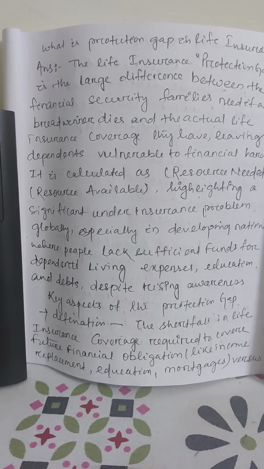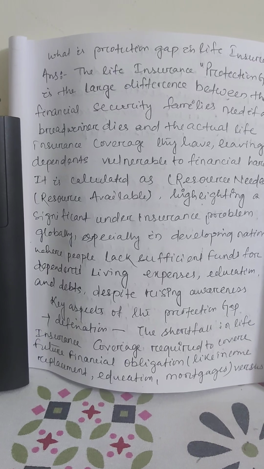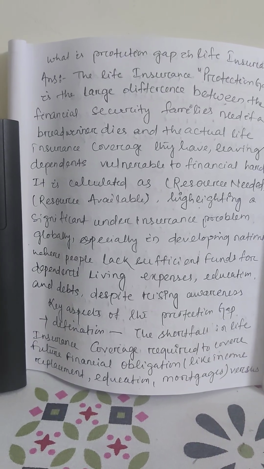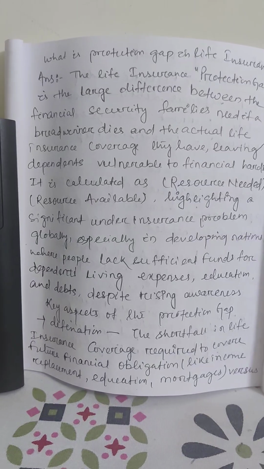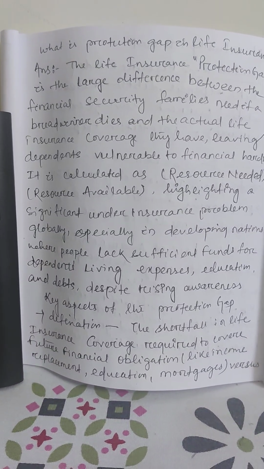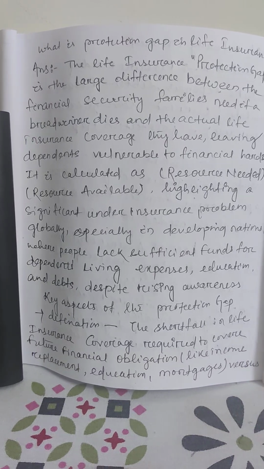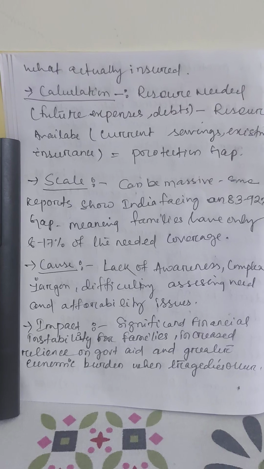Okay, key aspects of the protection gap. Like key aspects, like definition. What should be the definition? The shortfall in the insurance coverage required to cover future financial obligations like income replacement, education, mortgages, versus what is actually insured.